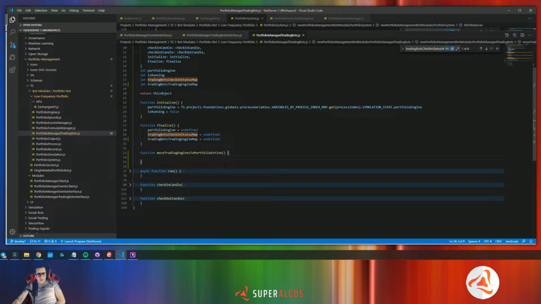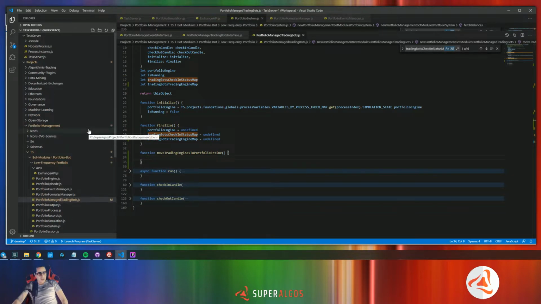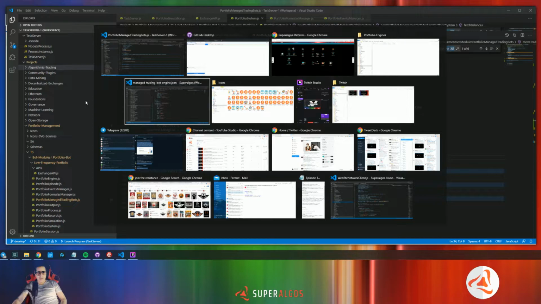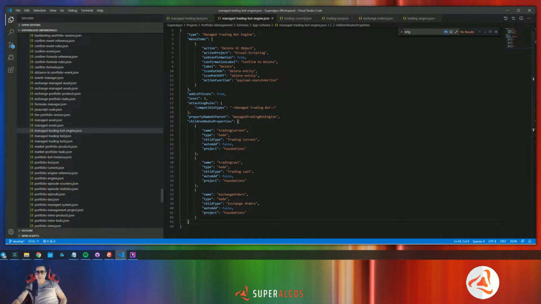We were doing something similar when we were... let me check the trading bot, because that's my guess, but I'm not going to check it here because I have too many tabs open. So we'll do it here.